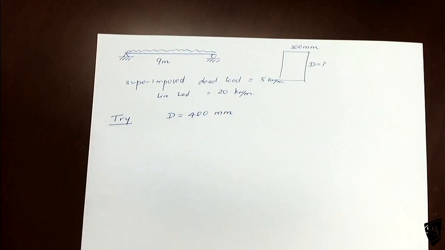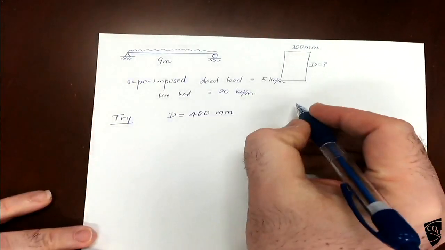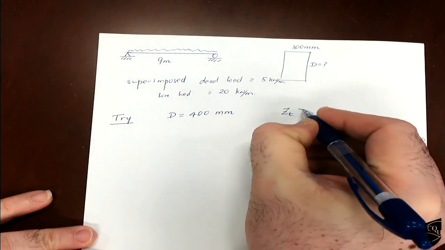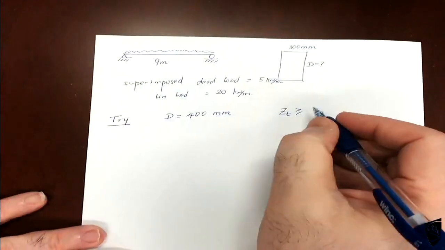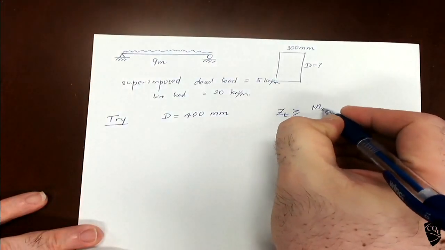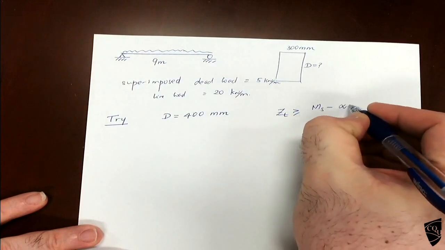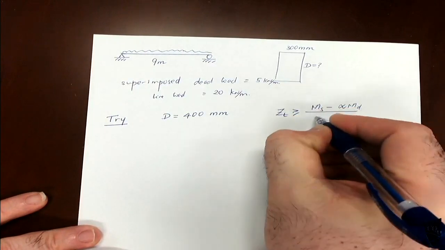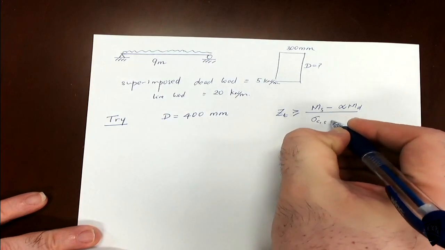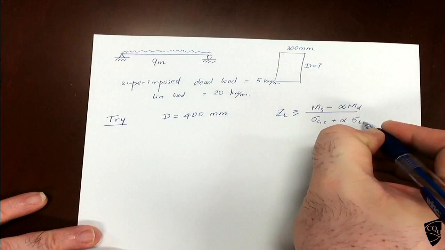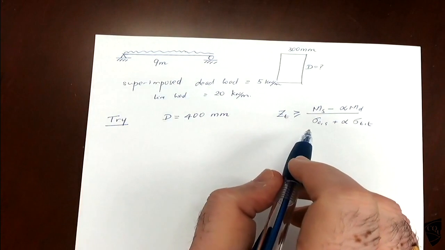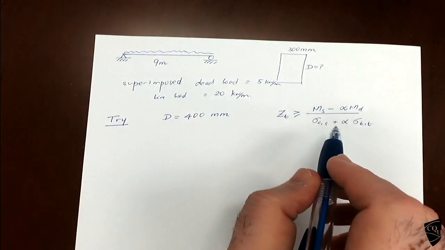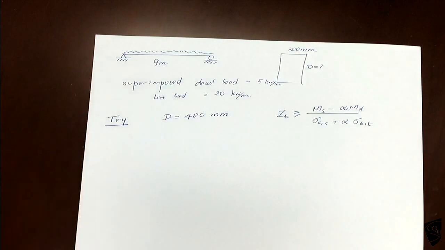So what we need to do? I need to derive this one. ZT should be larger than MS... because I already derived this one during the class last week, because it's the same simply supported one.